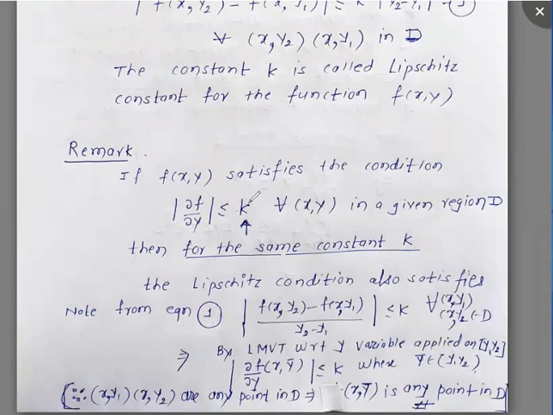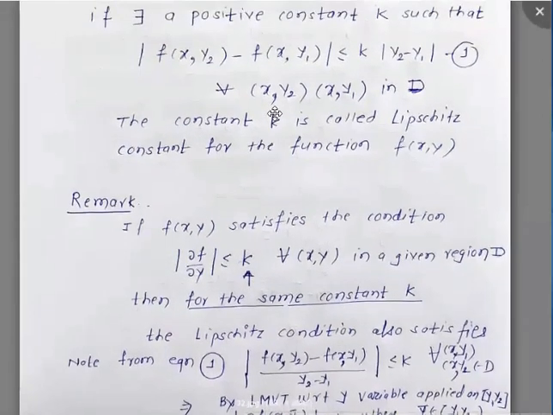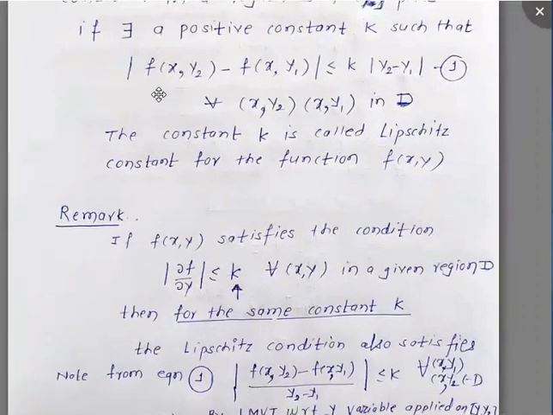Now, from equation 1, this is the Lipschitz condition, the modulus of f of x comma y2 minus f of x comma y1 is less than or equal to k into mod of y2 minus y1. From this equation, we take the term mod of y2 minus y1 to the left hand side, or divide both sides by this term.